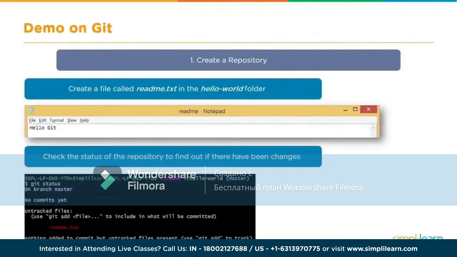What's interesting is if I run the git status command, it'll actually show me that this file has not yet been added to the commits for this project. So even though the file is actually in the folder, it doesn't mean that it's actually part of the project.